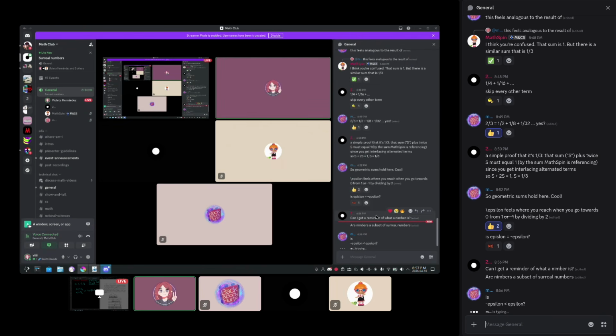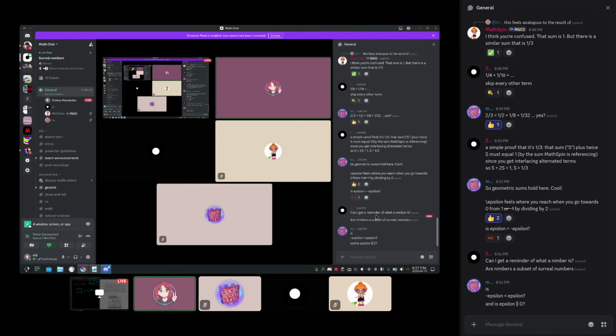Can someone remind me of what a number is? See, I want to give a talk about numbers. That's another topic that I'm really interested in. But basically, no, the numbers are not a subset of the surreal numbers. They're two different kinds of structures. We defined surreal numbers from a specific subclass of games which we call numeric.